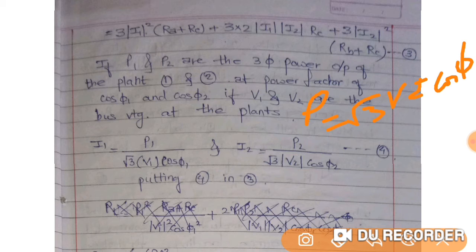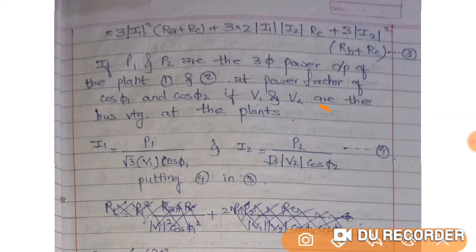So what we are going to do? We are just going to find out the value of I from this equation. So what do I get? I is equal to P upon, this entire term will go into the denominator, √3 V cos φ. This is the entire equation that I get. So I am going to use the same equation for finding I1.